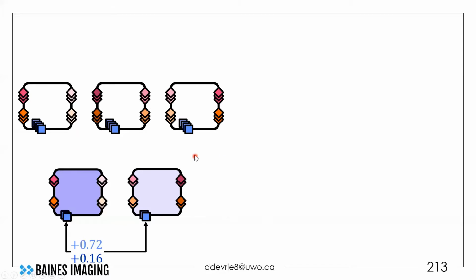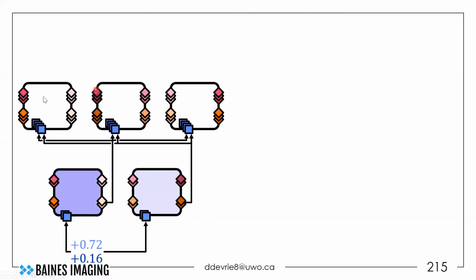Then we take the hidden layer output from our first layer in the first cell, and we send that to the input of each of the cells at the next layer. And we similarly do that for our second cell, and we send that to the input for each cell at the next layer. We can imagine this being almost a concatenation. So half of the input comes from this cell, half of the input comes from this cell.